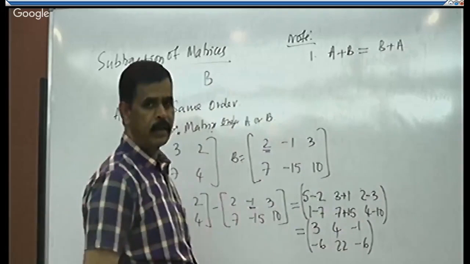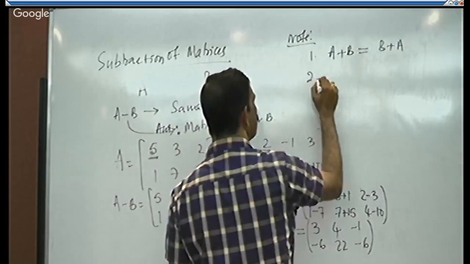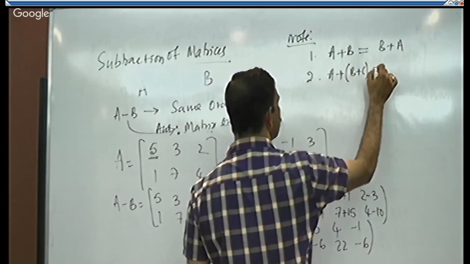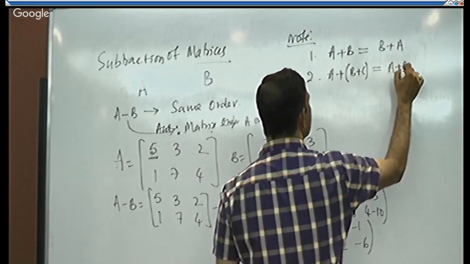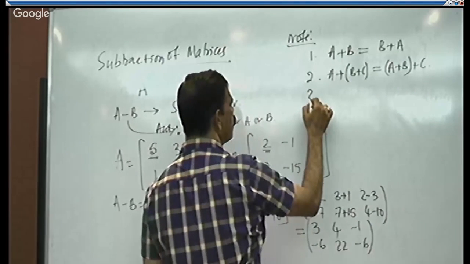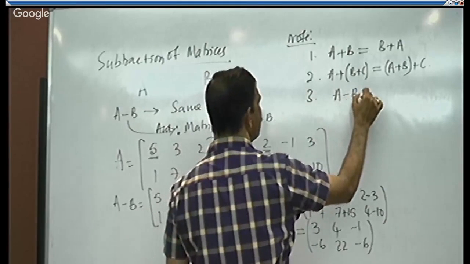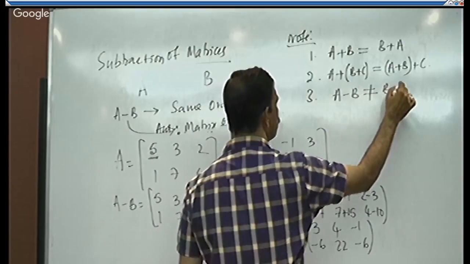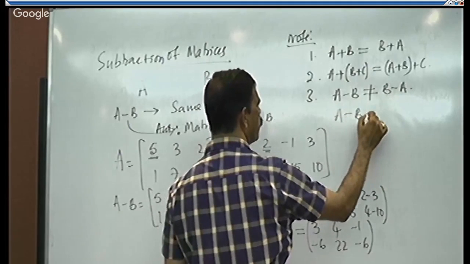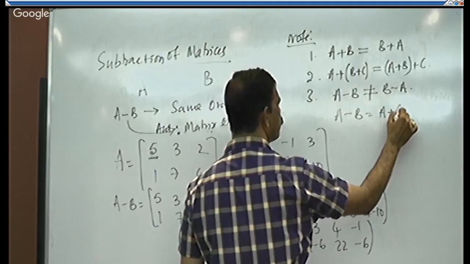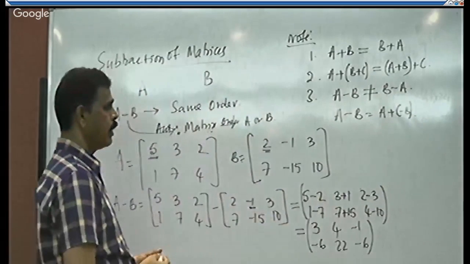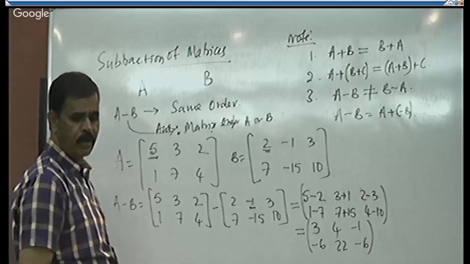A plus B is always equal to B plus A. A plus of B plus C is also equal to A plus B plus C. But A minus B is not at all equal to B minus A, because A minus B is equal to A plus of minus B. You will not get A minus B and B minus A the same.